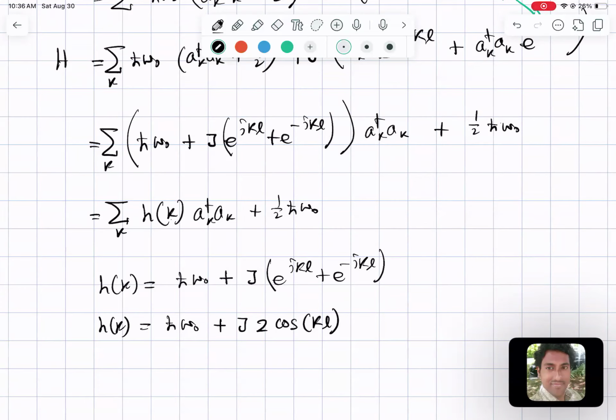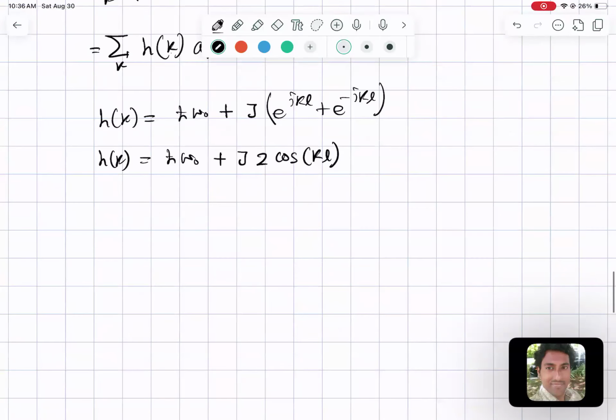Any questions? So you can plot, you see this is a single band because we only have one type of atom, a monoatomic chain. So the band would be, if you plot h of K as a function of K, you'll have a cosine, and the Brillouin zone will be minus pi over L to pi over L. And you get the cosine there, and there's a shift h bar omega naught.